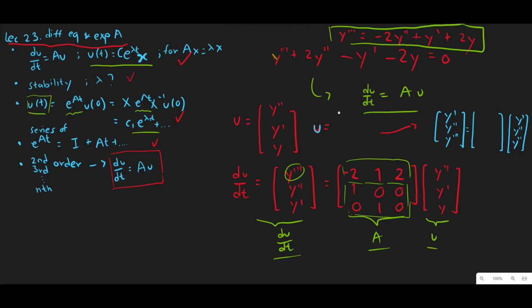So u is the inverse of this, I mean in the reverse order. So there you go. So y and the first order and the second order. Okay, and then here you will have the trivial one in the first row and the second row, right?